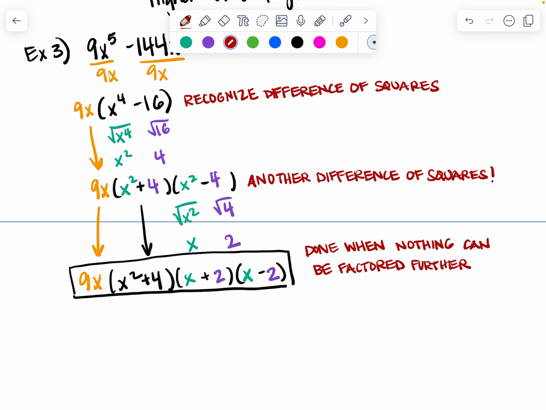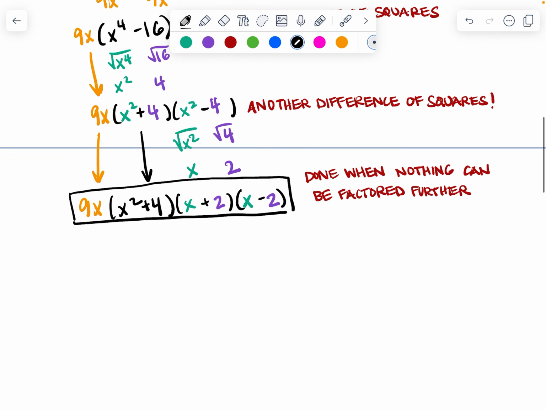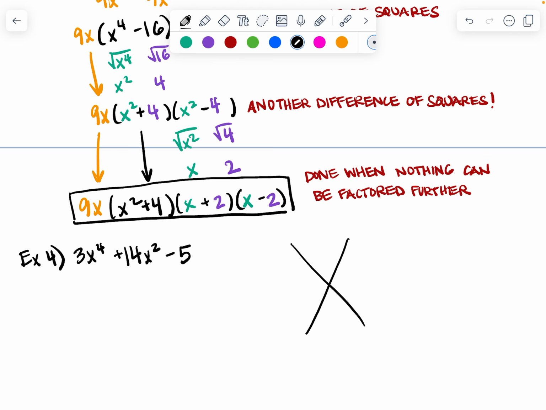Let's do an example of a trinomial. Okay, so with a trinomial, we still have to solve the x puzzle.